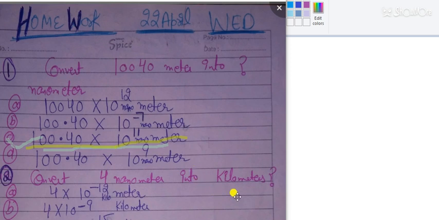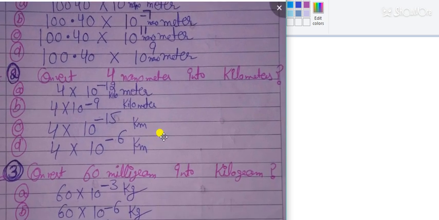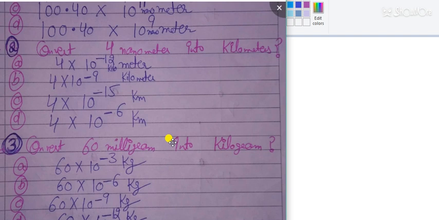Now moving to the second question. It is given that convert 4 nanometer into kilometer. Now we will take the same concept. 4 nanometer is given, so 4 into 10 raised to the power how much?